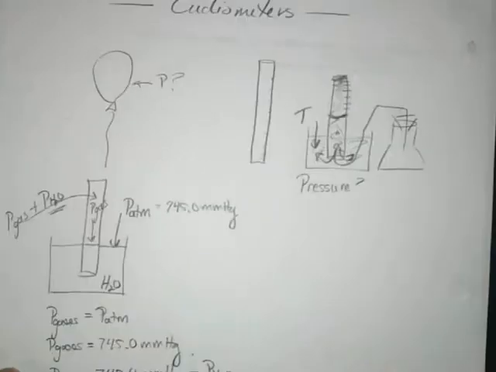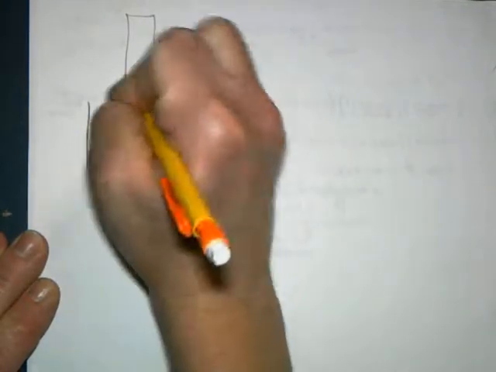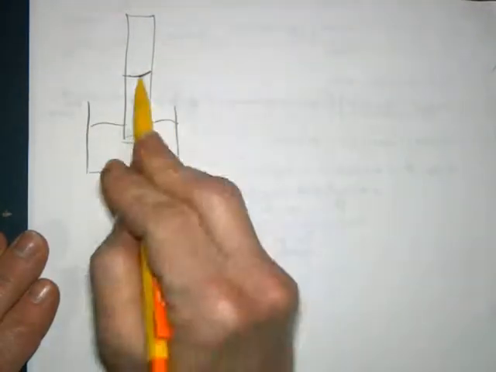But how rarely is it that we will collect a gas so that the liquid level inside and outside are the same? That's quite a rare thing. So let's talk about the normal situation, where we're collecting either above or below the liquid level. And this is water.